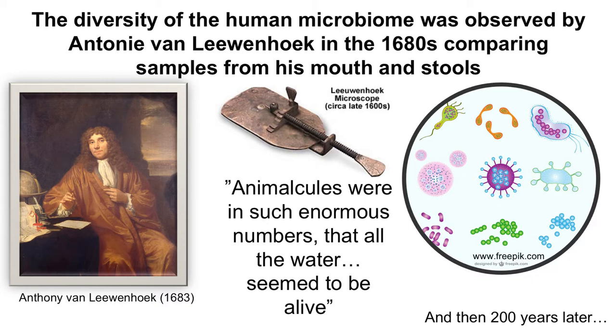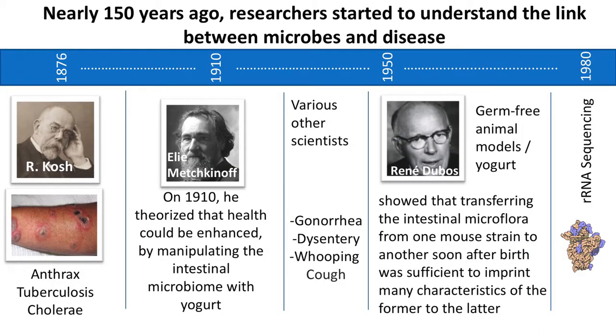That's how he described it. And he made many pictures, drew a lot, and we have books that describe those pictures. But it wasn't until about 200 years later, when we have Pasteur and Koch, that were describing more of how those microbes affect human health. And they were identifying how pathogens were involved in anthrax and tuberculosis and cholera.